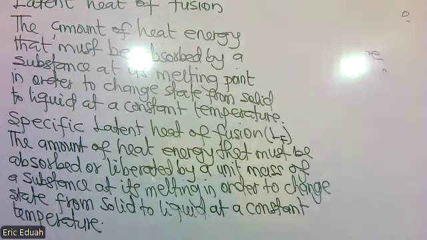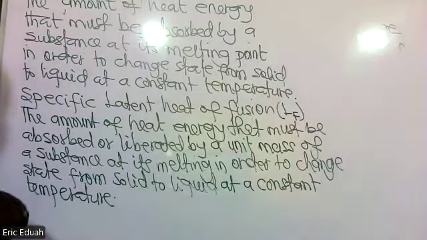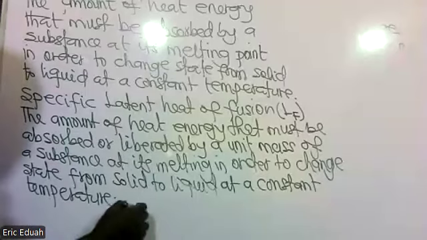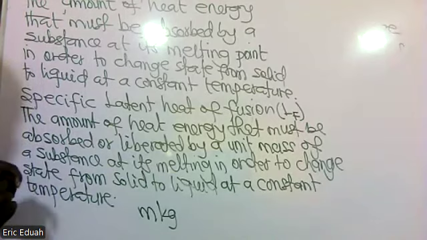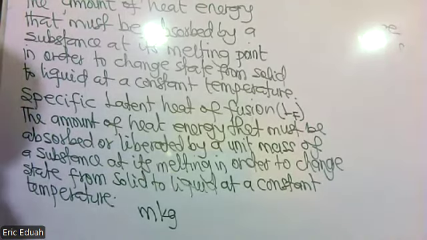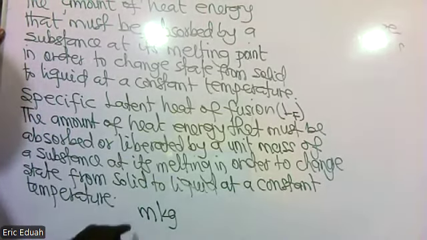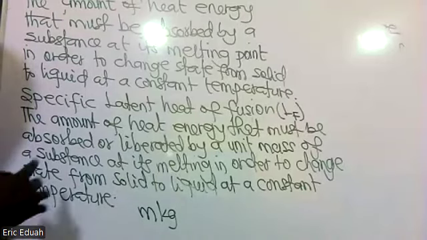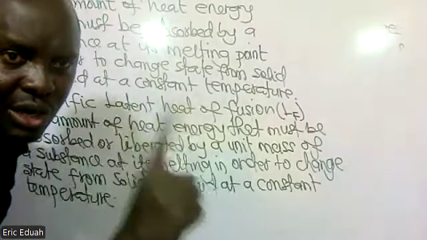Now, if I'm given m kilogram of a substance, to calculate the amount of heat energy that must be absorbed by the substance in order to change from solid to liquid, how do I calculate it?